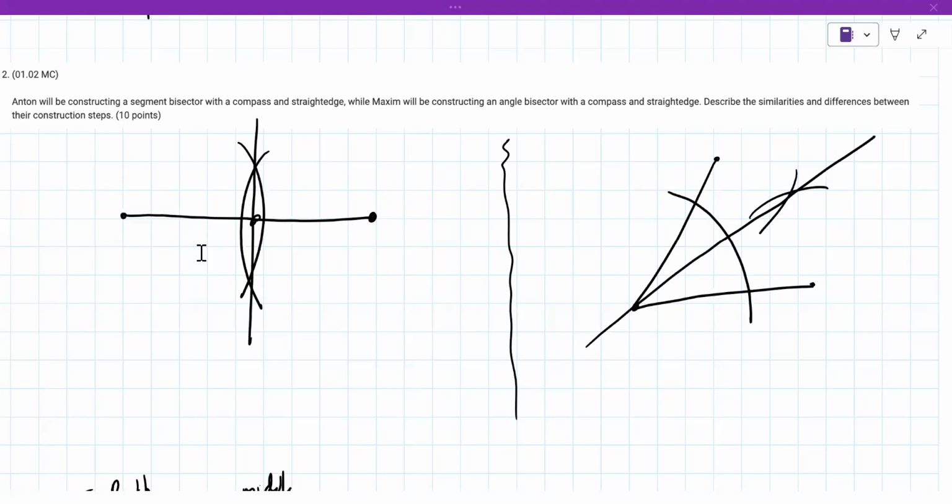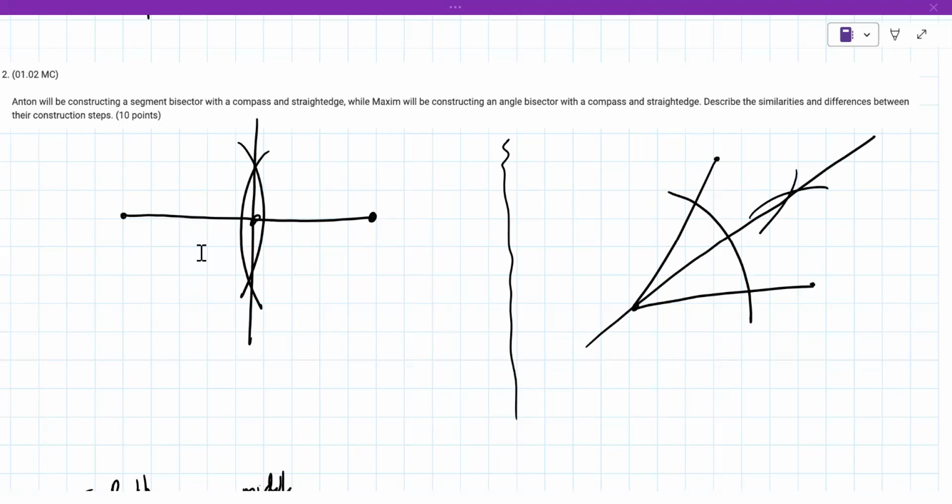Differences are that when you bisect a segment, you get a perfect 90-degree angle. When you bisect an angle, you wouldn't get two 90-degree angles.